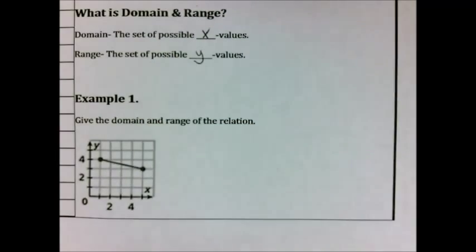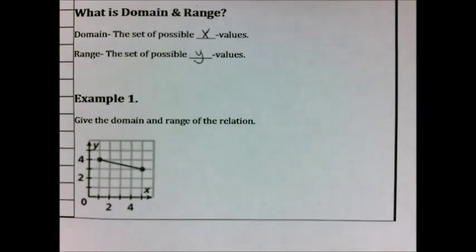So when we're looking at a graph or a table or a diagram, we're trying to take a look at what are the possible x's, and the possible x's is what we call domain. And when we talk about what are the possible y values, that is what we talk about when we're talking about range. Okay, so given this first example here, we need to give the domain and range of the relationship.